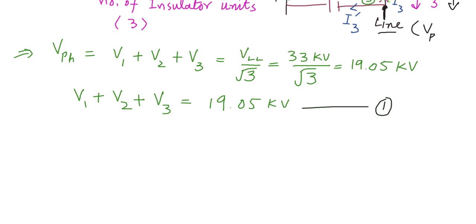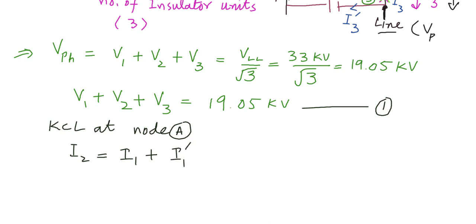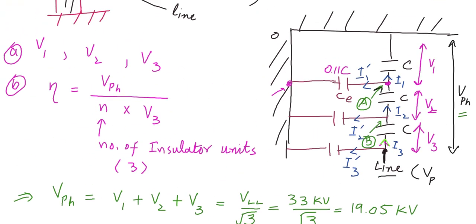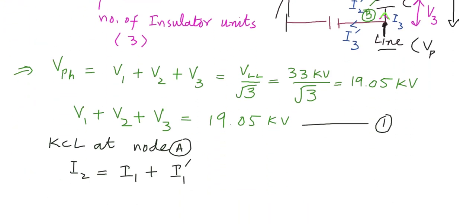So, KCL at node A: as I said, I2 will be equal to I1 plus I1 bar. I1 bar is the current which flows through the earth capacitance, as you can see, and I1 is the current which flows through the capacitance C.